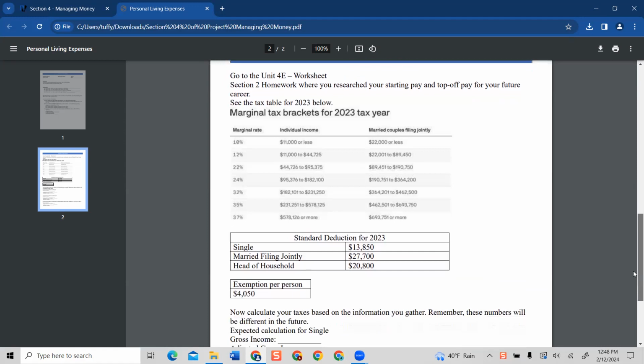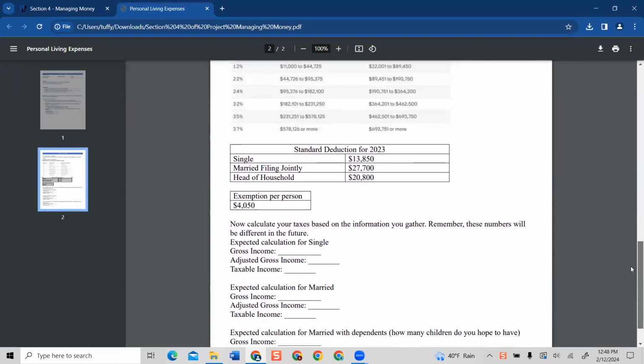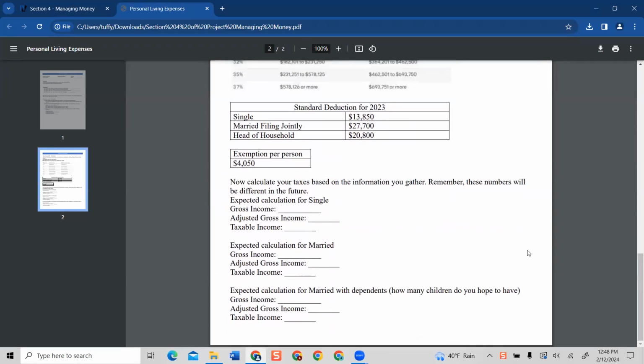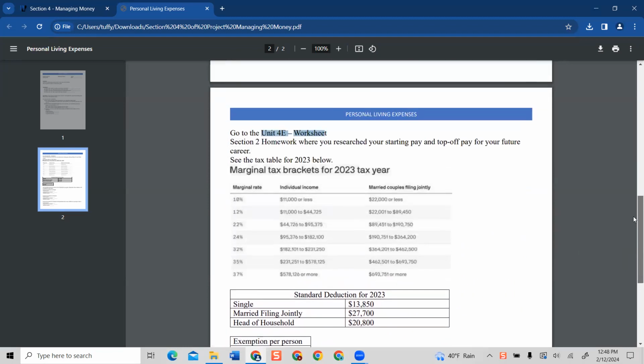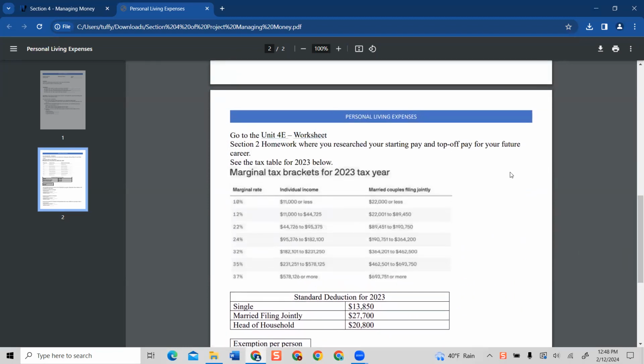Okay. So for the next one, you're going to want to get the unit 4E worksheet. To calculate your tax bracket, please base this on the job that you plan on working at. In section 2 homework, I asked you to do some research to find out your starting pay and top pay for that future career you are planning on getting.